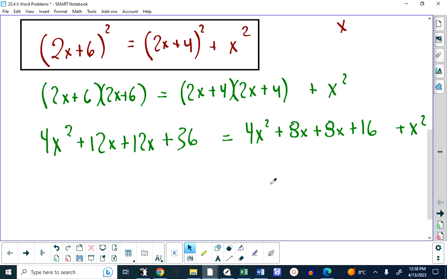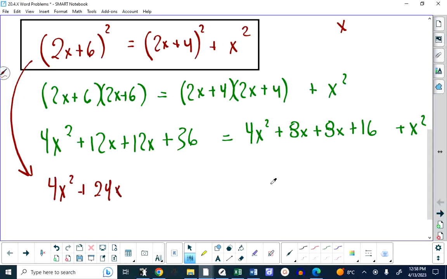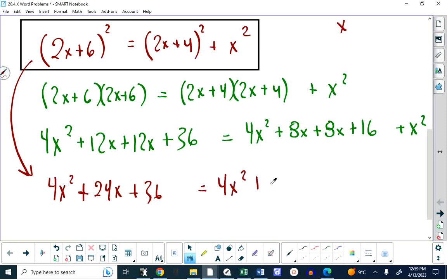Because I think many of you, when you take (2x plus 6) quantity squared, you know you're going to get 4x squared plus 24x plus 36, without actually doing the 12x plus 12x. You kind of bypass that in your brain. But what's written in brown, you definitely need to write: 4x squared plus 16x plus 16 plus x squared.